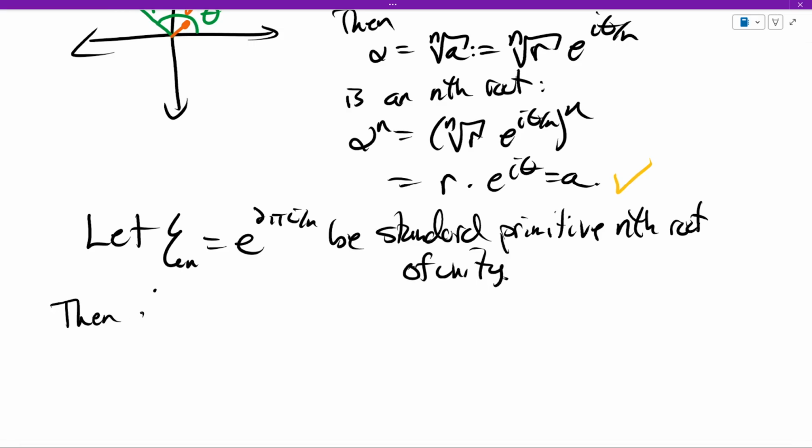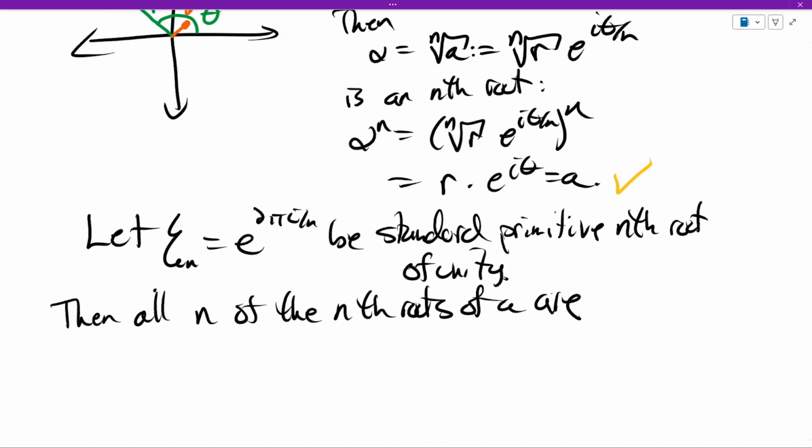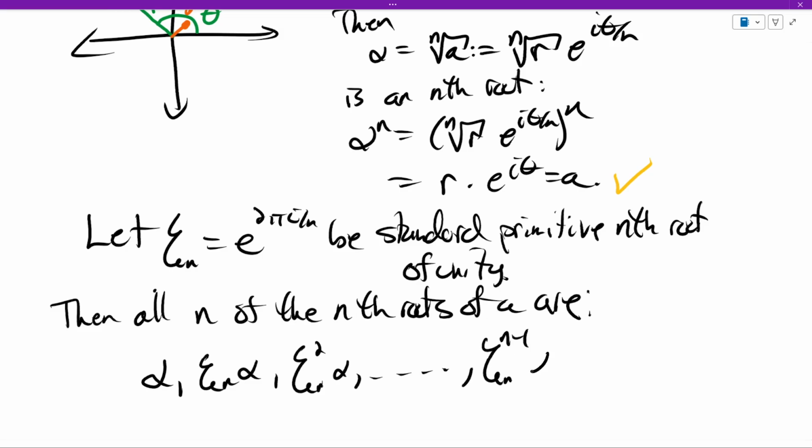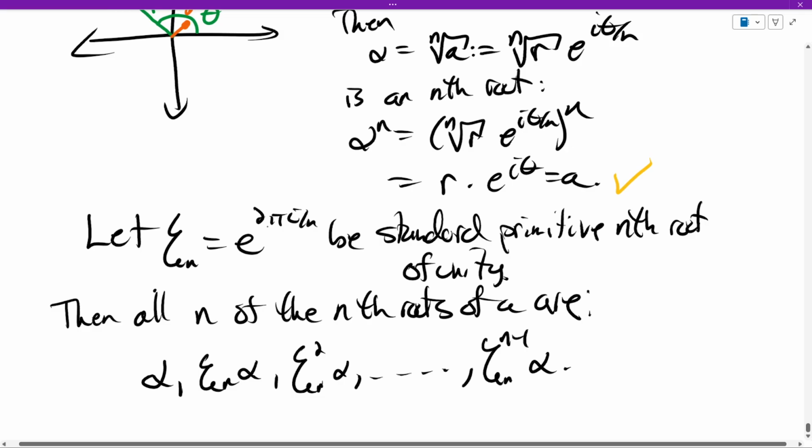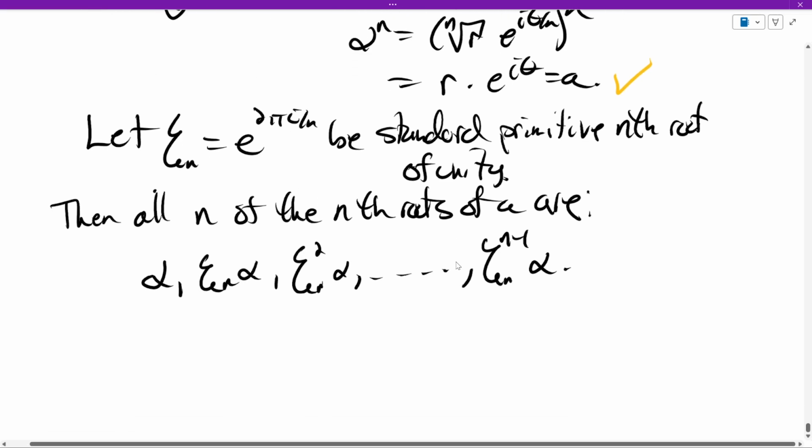Then all n of the nth roots of a are: there's alpha, there's zeta n alpha, there's zeta n squared alpha, and you keep going till you get to the n minus first power times alpha. Those are all the nth roots of a.